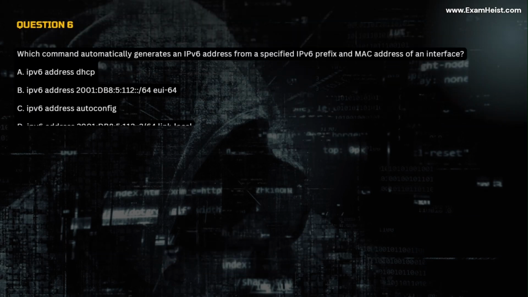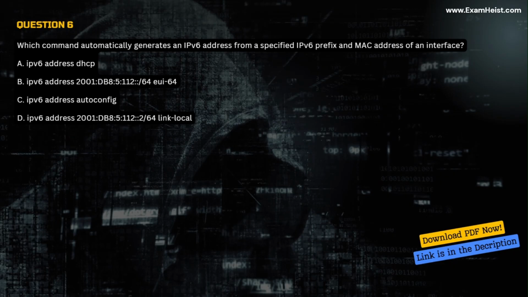Question 6. Which command automatically generates an IPv6 address from a specified IPv6 prefix and MAC address of an interface? A. ipv6 address dhcp. B. ipv6 address 2001:DB8:5:112::/60 eui-64. C. ipv6 address autoconfig.